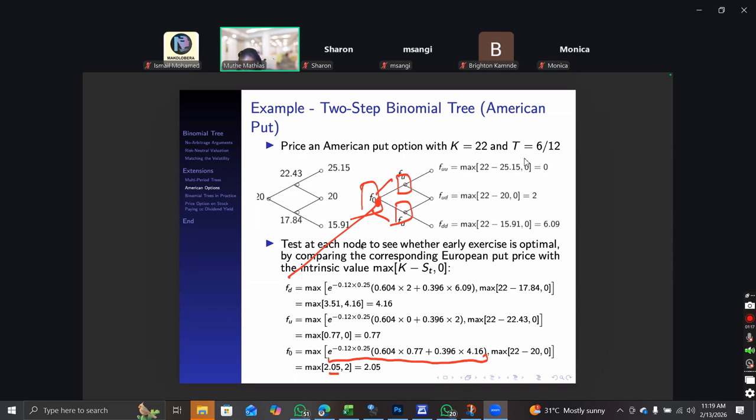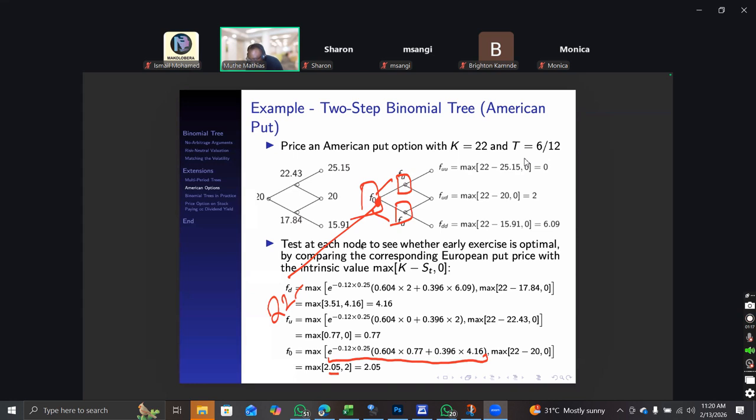So 22 minus here the stock price is 20. So minus 20, so you get 2. So you can see that you can have 2 if you exercise immediately, right? But the maximum you can see is actually 2.05. Right? So it's worth it to wait and not exercise immediately. So this is actually your F naught.